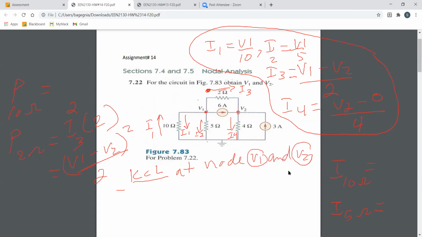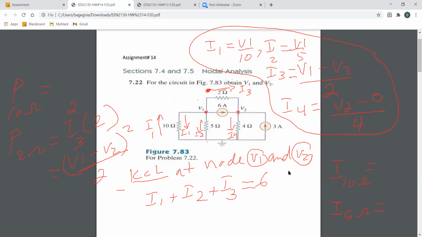Okay, so we go to node 1. We see that I1, I2, and I3 are leaving the node. So we add them all up, and then equals the current leaving the node, which is basically 6 amps.